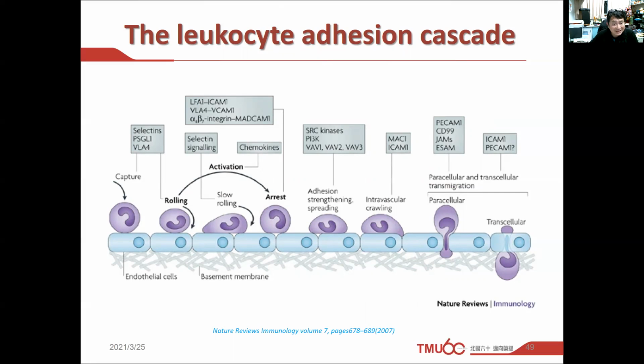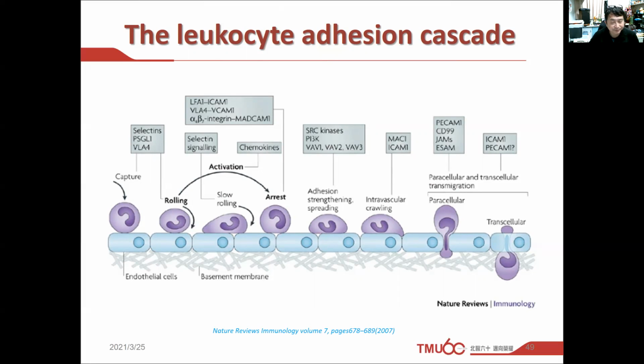The first type is selectin molecules, another is integrin molecules. Selectin molecules include L-selectin, P-selectin, and E-selectin. Okay, L-selectin is responsible for capture. L-selectin will bind to PSGL1 for capturing or tethering.